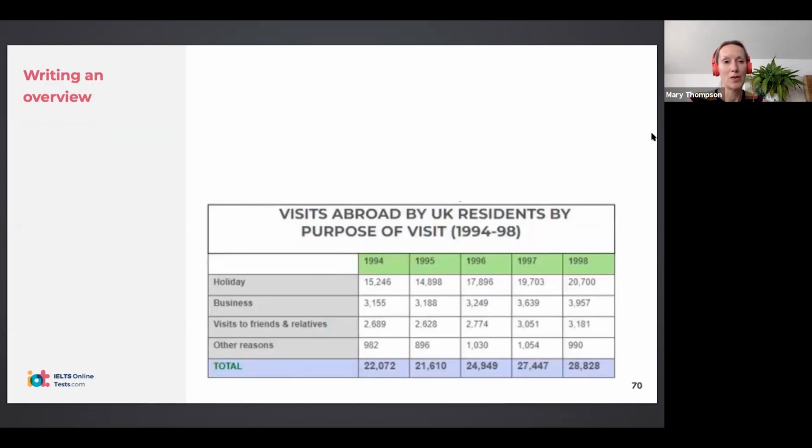Okay, right, so coming on to the overview now. So as we said at the beginning, it's all about noticing the main trends. So it's been quite general, but you're noticing the main things in it. Okay, so 5 key features you need to look for. So the first one, most people traveled for holiday. Do you remember the others?